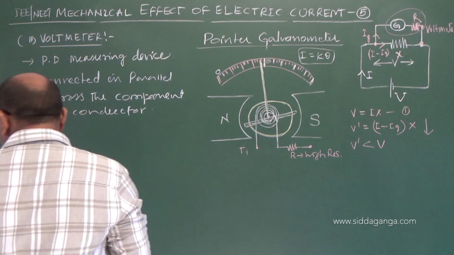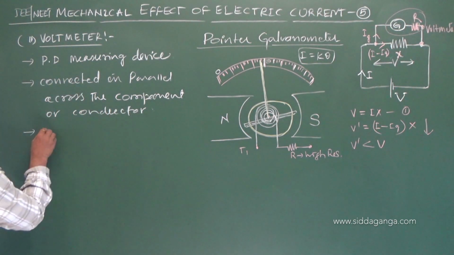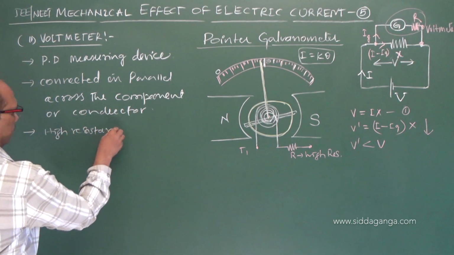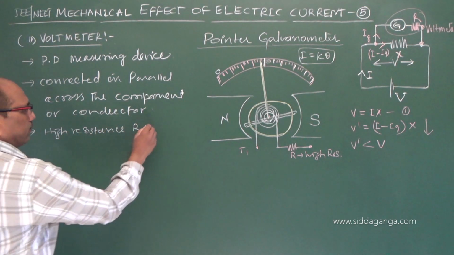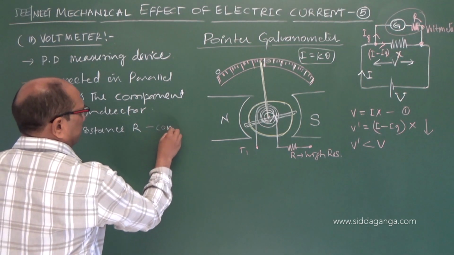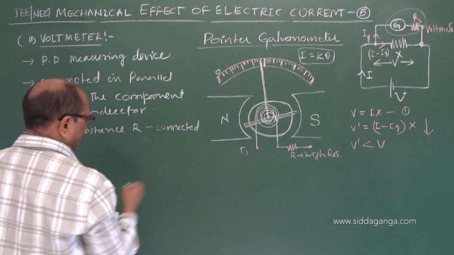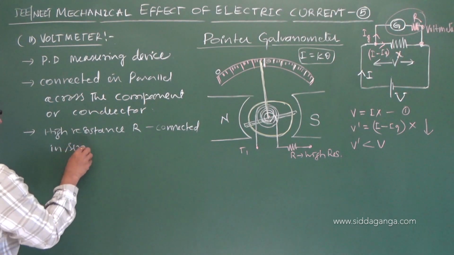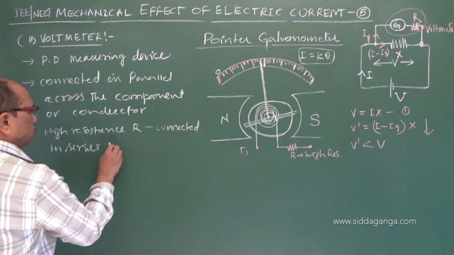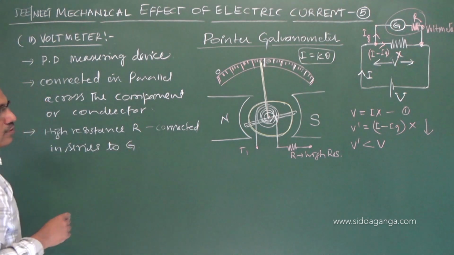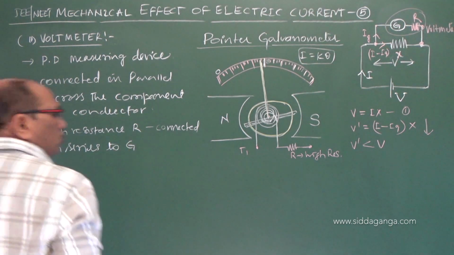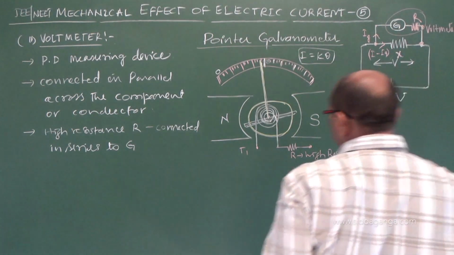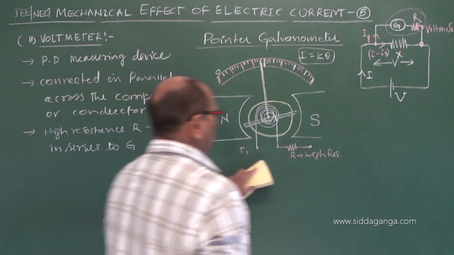How does this work? The conversion is a high resistance connected in series to G. That means I can show here, I told the reason why it happens.